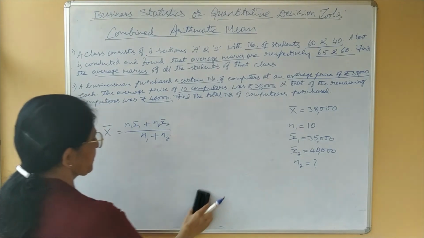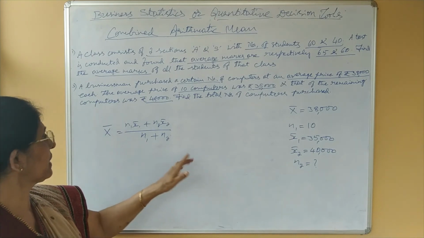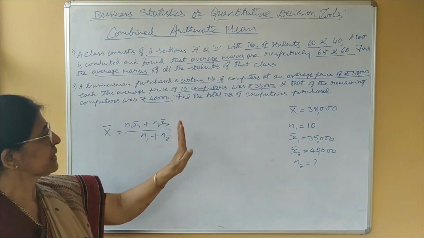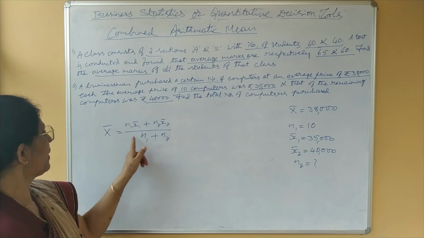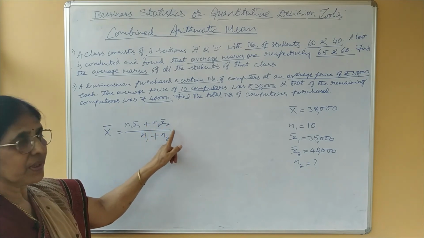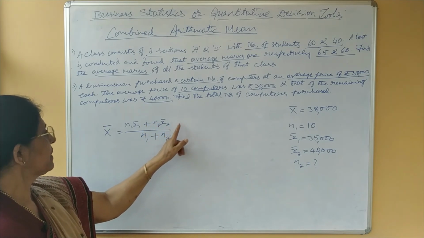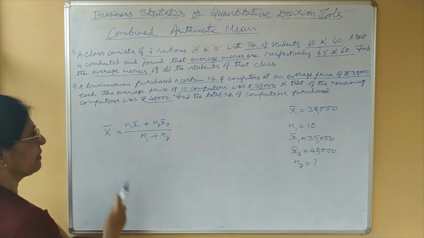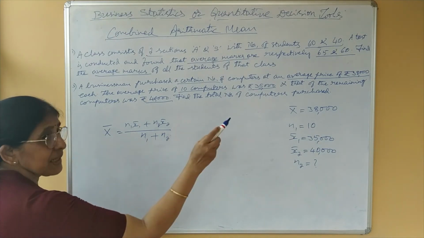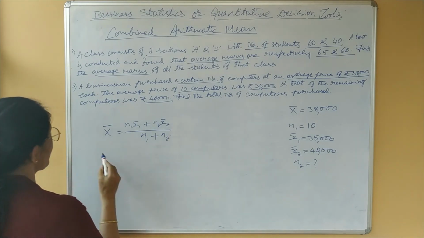Okay. I hope you are following. Here only 2 series are there. Therefore, we have to take the formula up to N2 x bar 2. Now, x bar, that is combined arithmetic mean, is given in the problem itself.